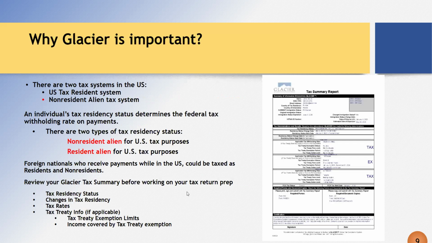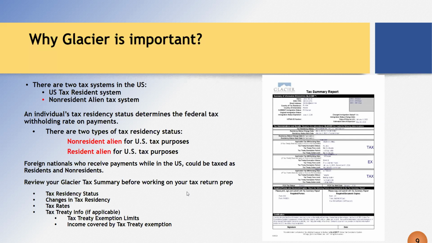So let's talk about why Glacier is important. Many of you had to complete Glacier requirements here. The reason we're doing it is very important, because we have a two-tax system in the US. One is the US tax resident system and one is the non-resident alien system.